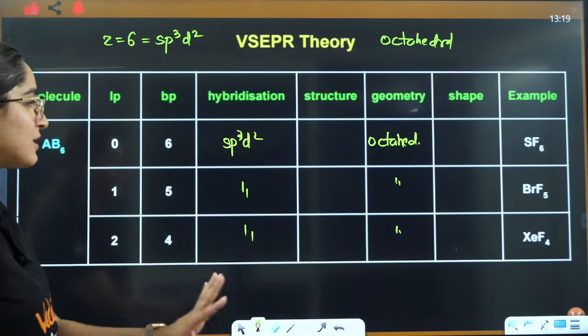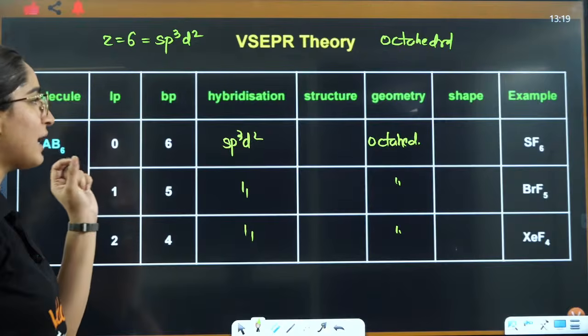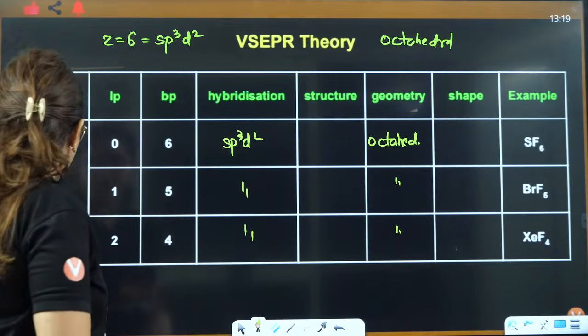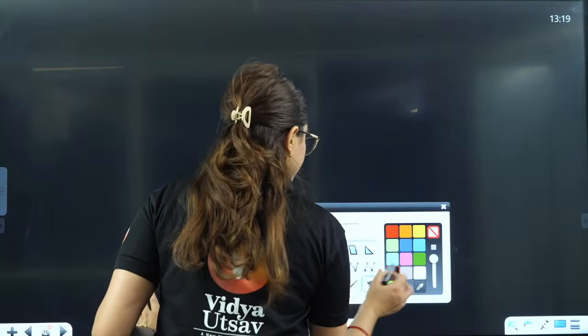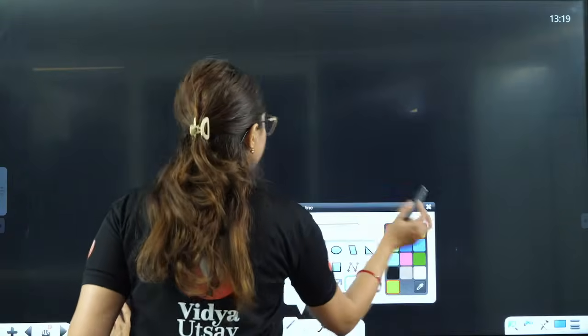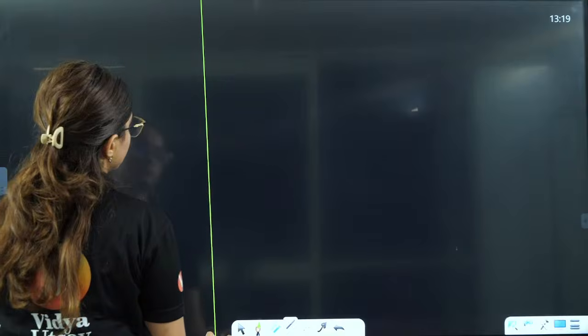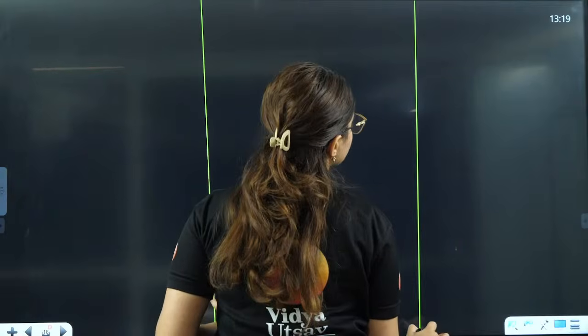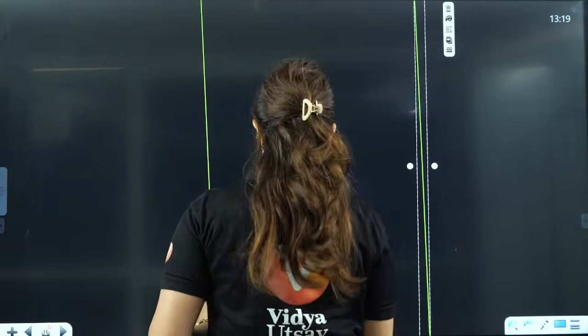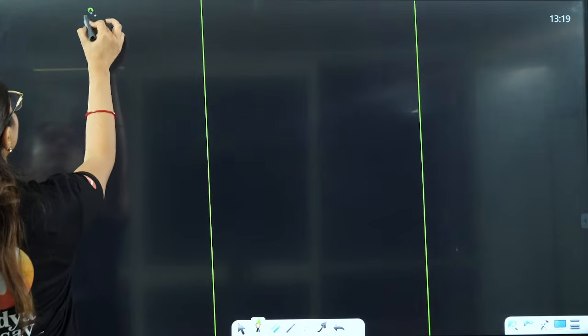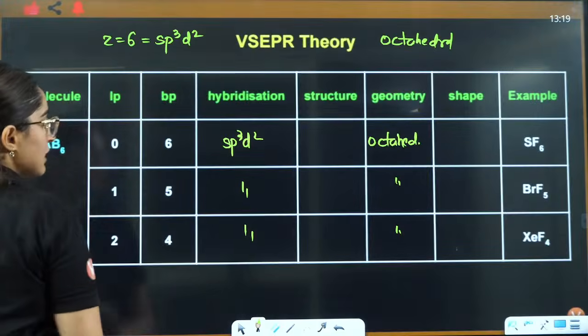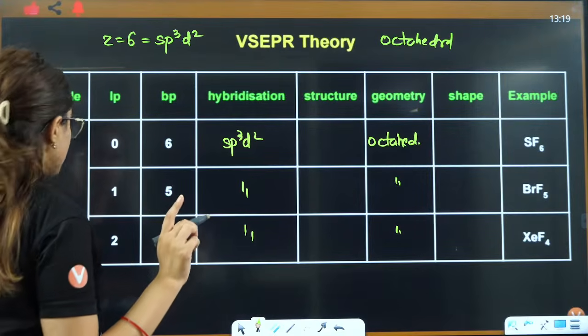So we have three structures: SF6, BrF5, XeF4. Let me just draw that.